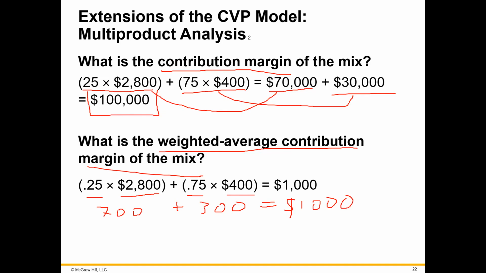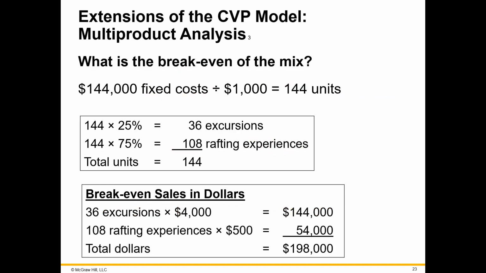So what is the break-even number of units for the mix? Well, we know that fixed cost is $144,000, and our average contribution margin is $1,000. So 144,000 divided by 1,000 equals 144 units. 75% of the trips that we sell are rafting.